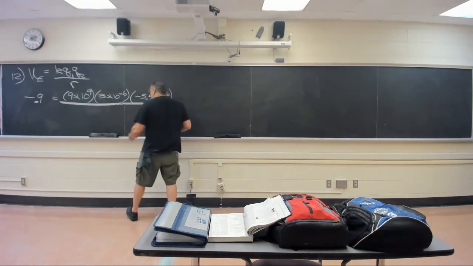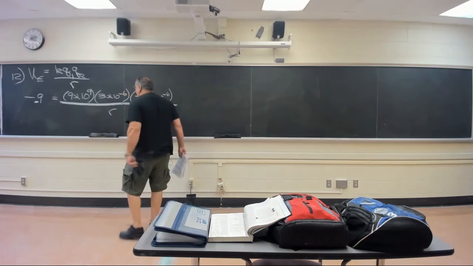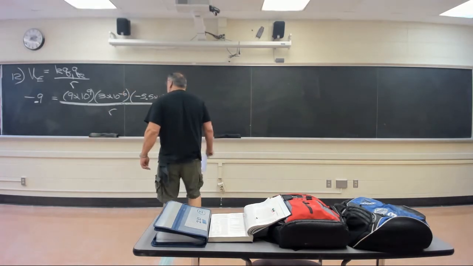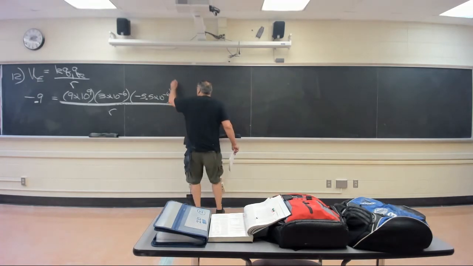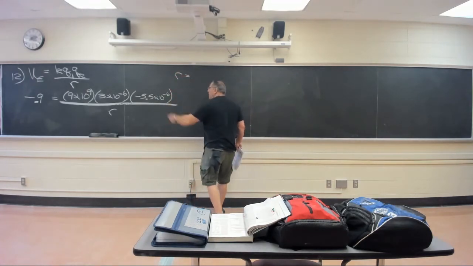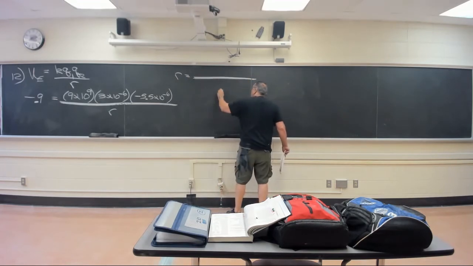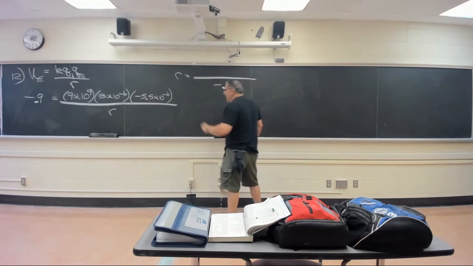What distance apart do they have to be for that to work? The rest is pretty basic mathematics at that point, you guys. You're multiplying by R on each side and dividing by the negative 0.9.